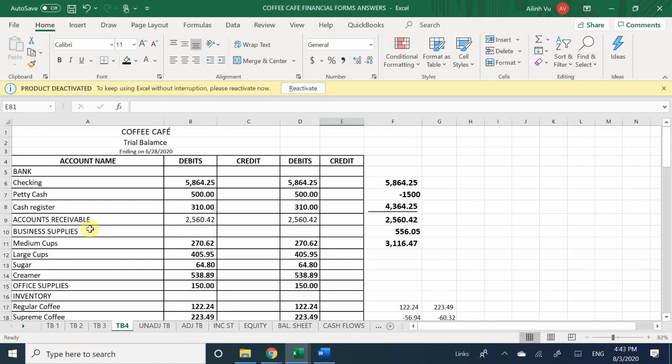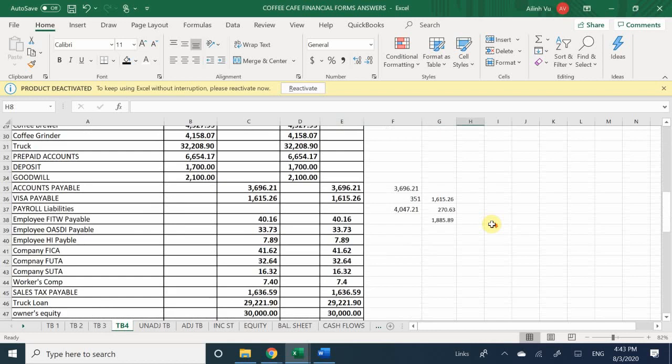Tomorrow we will continue with the trial balance, and we will continue with the financial statements, et cetera. I expect the first half of class to just finish up with Coffee Cafe completely. The second half is going to be a free-for-all study session. If you want to leave early, be my guest.